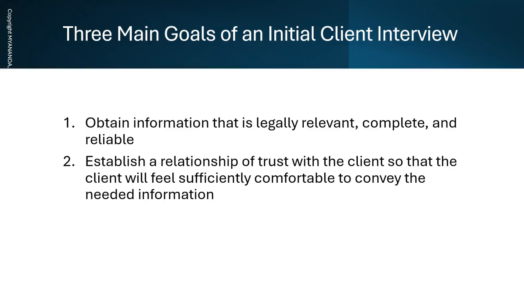Importantly, you need to establish a relationship of trust with the client so the client feels comfortable conveying the information you need. This is covered in the communications part of this lecture, so I won't go deeply into it now. And then the important question is, what does the client want?